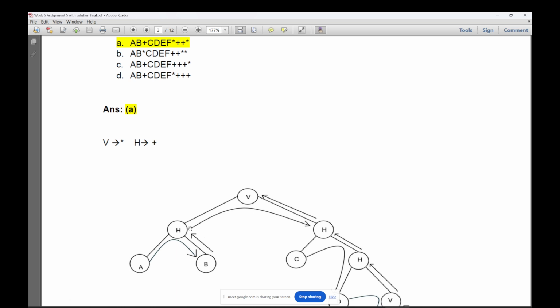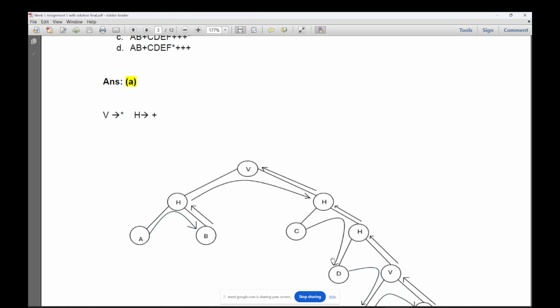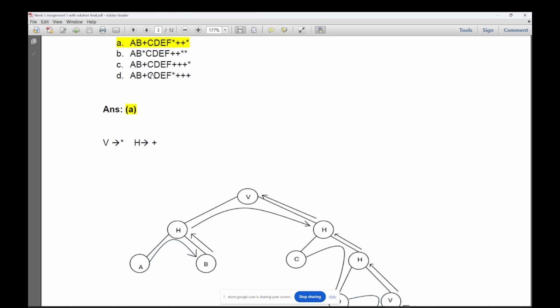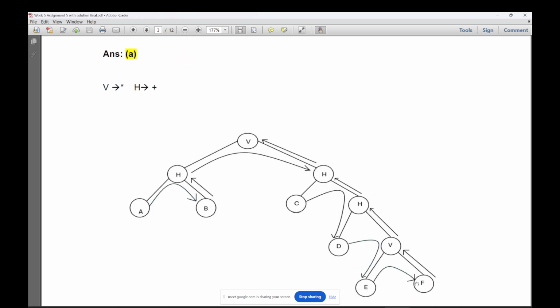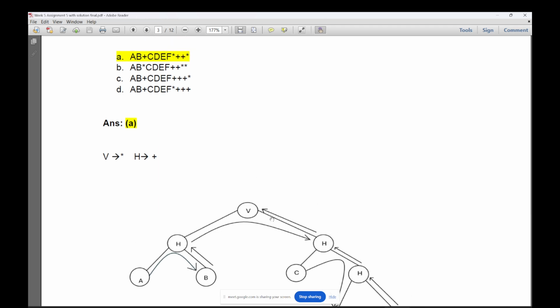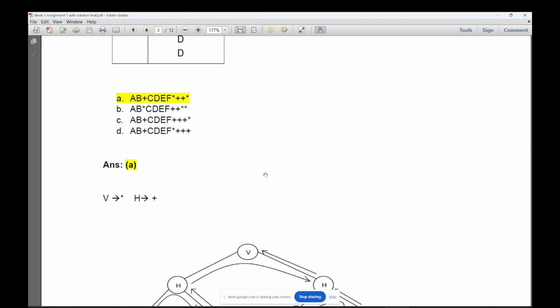Then you have to go to the extreme, then C, then D, then E, then F. Then B is multiplication, then H is addition, and another H is addition, then multiplication. So this is A, B plus C, D, E, F star plus plus star. So this is basically the polish expression.